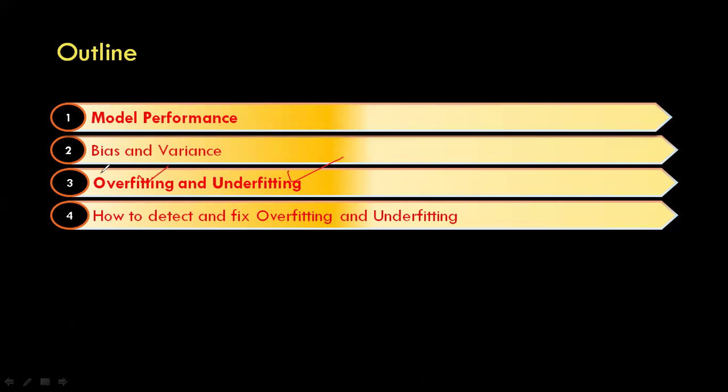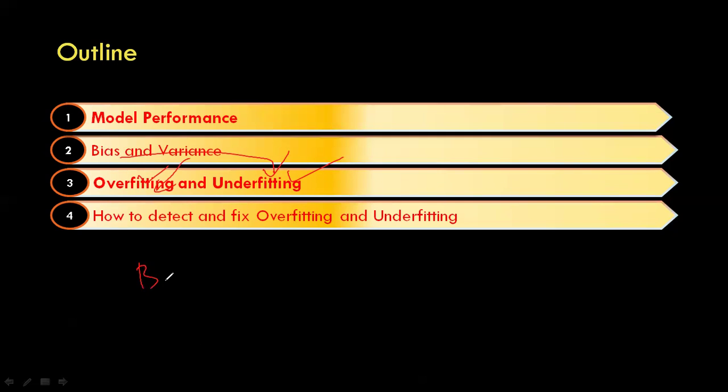Bias is something like your model is too simple, underfitting. Variance is kind of overfitting. Okay, that is what it tells us. Let me give you a quick tip to remember the bias and variance.